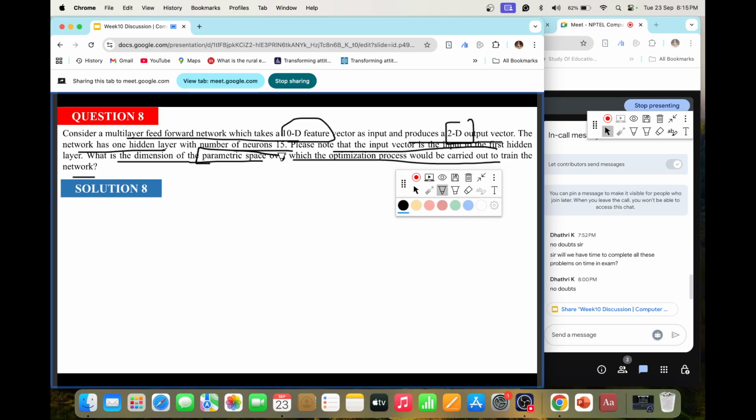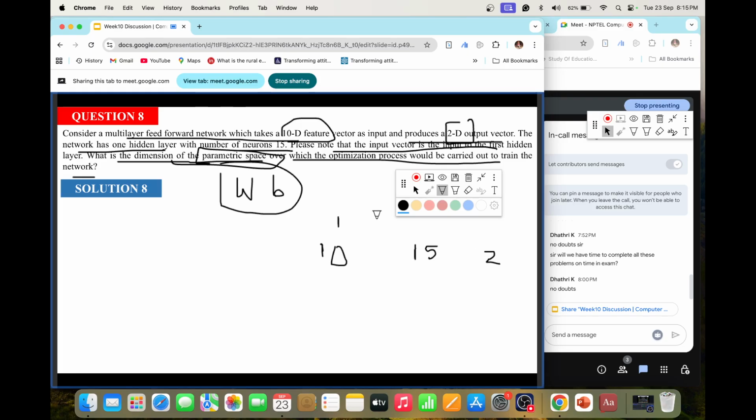What are the parameters? Weights and biases. So you have to calculate how many weights and biases there are. You have 10 neurons in your input, 15 neurons in your hidden layer, and 2 neurons in your output.